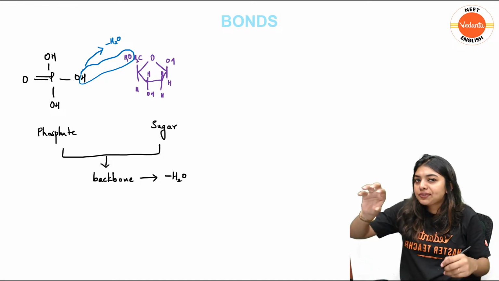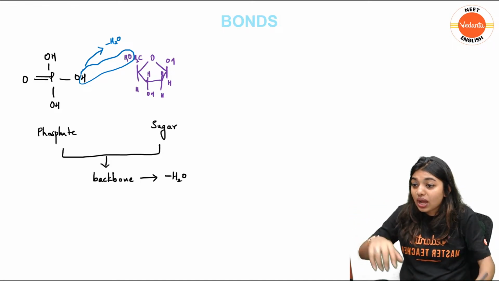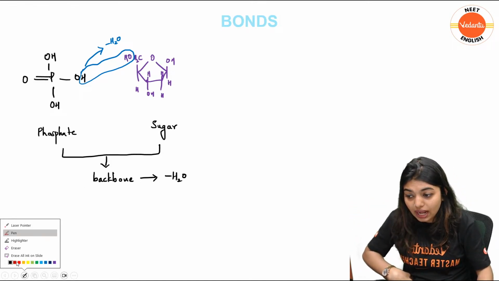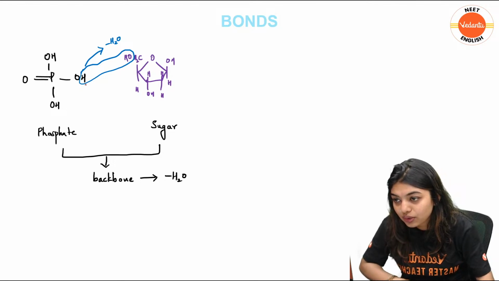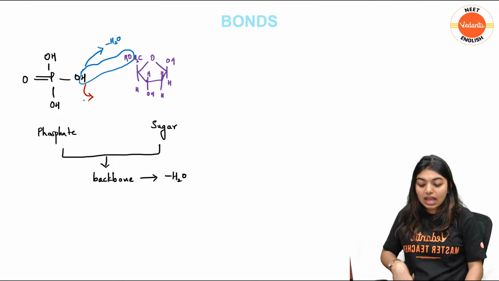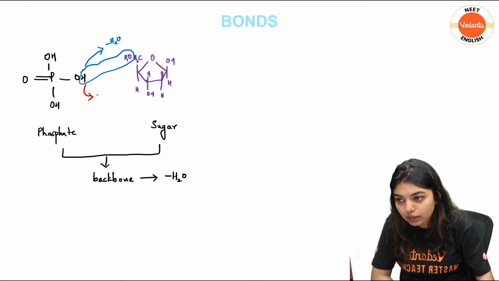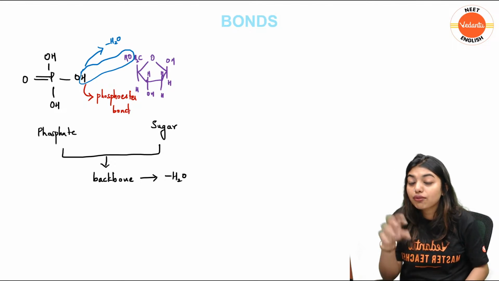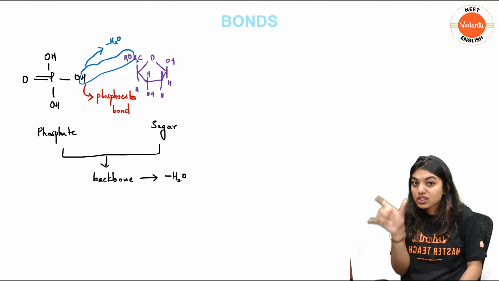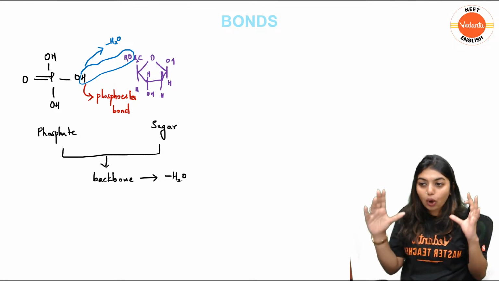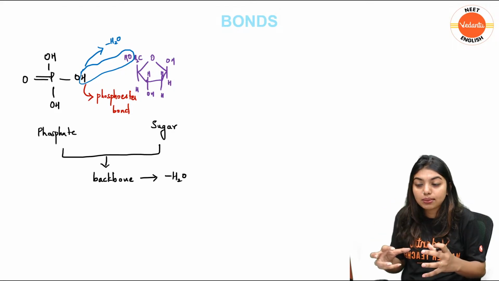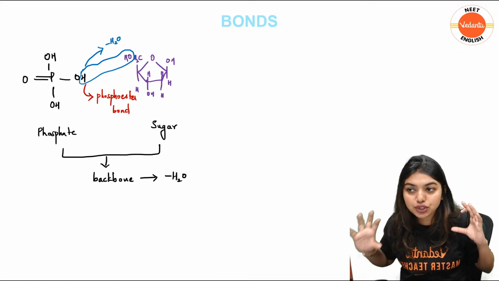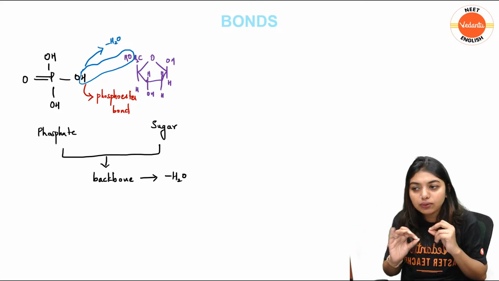Now, phosphate is there, sugar is there. I have to label this bond. I want to call this bond a phosphoester bond. Always remember, a phosphoester bond is formed between your phosphate and sugar by the removal of one water molecule.